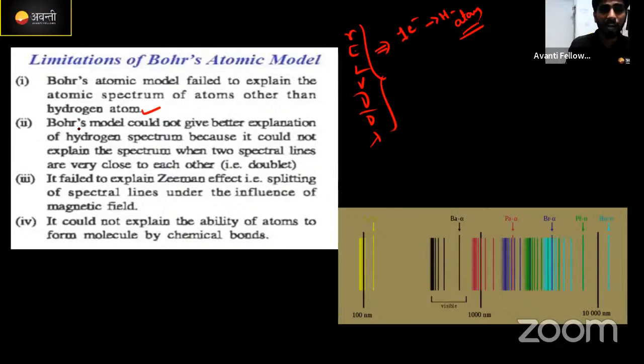Second, what is it? Bohr's atom model could not give a better explanation of the hydrogen spectrum because it could not explain the spectrum when two spectral lines are very close to each other. Look here, in this figure. Actually, you know that, right? In the laboratory, while doing spectrum, what are you going to do?